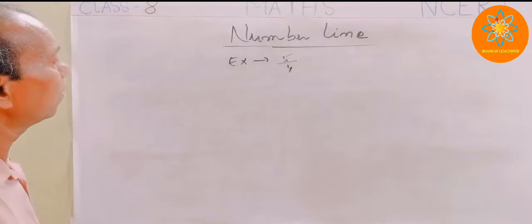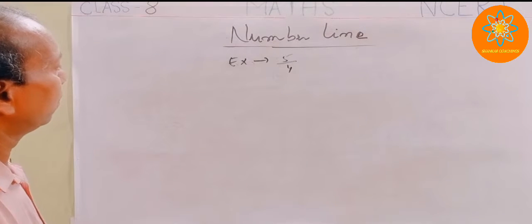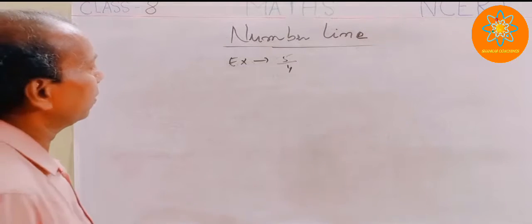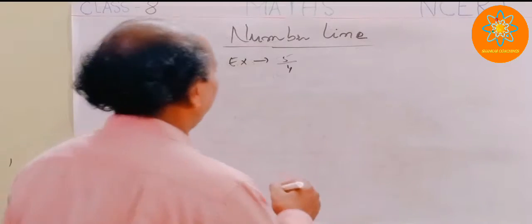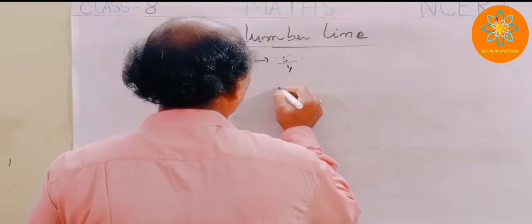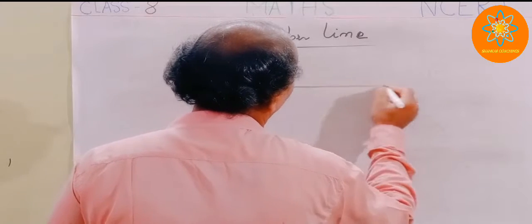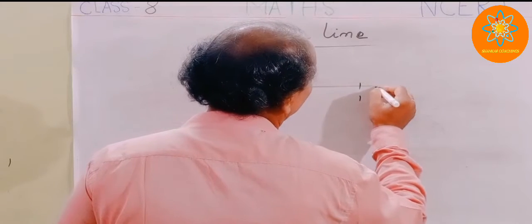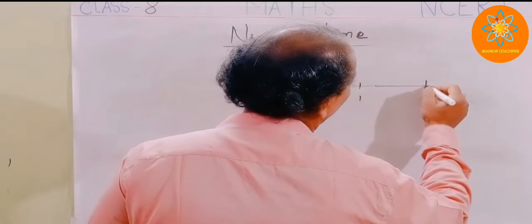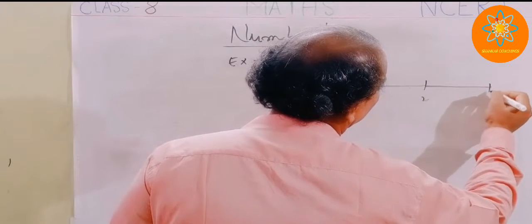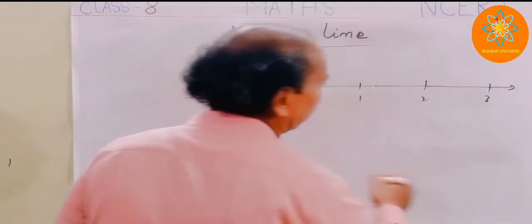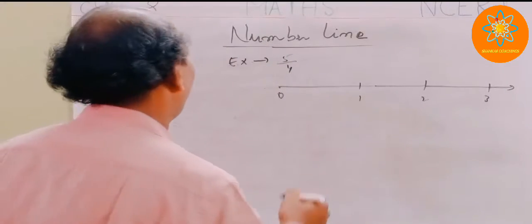First of all, we represent integers on a number line. So integers on a number line I can represent in this way: 0, this is 1, 2, this is 3, on the right hand side, so it is positive.